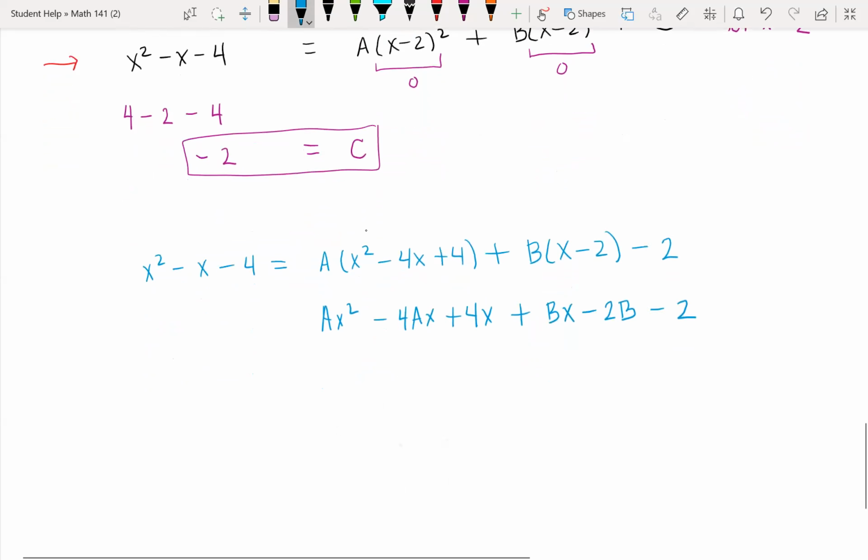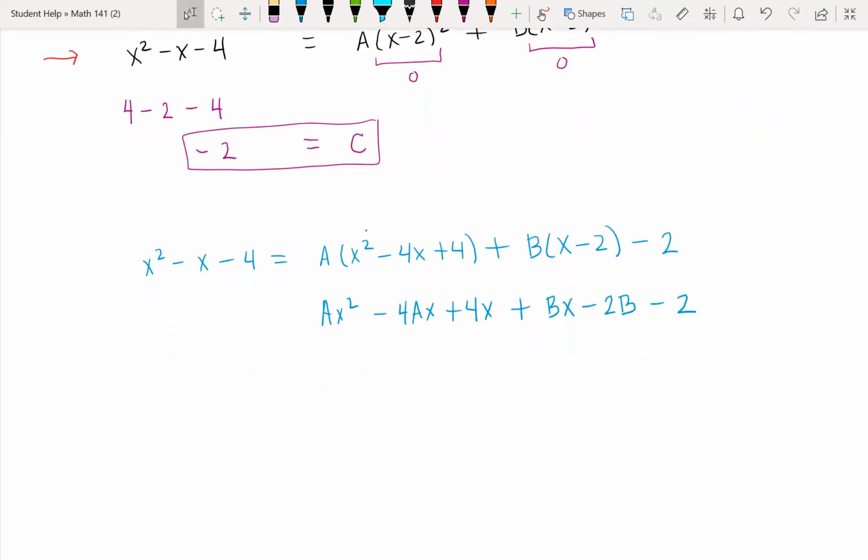So I can see that this part here has to match up with this part. And then this part here, these are all the items that have x's. Oops, this should be an A. Let me just double check here.